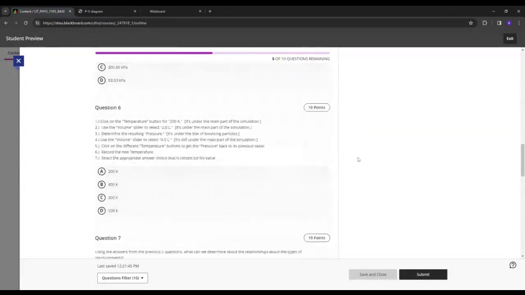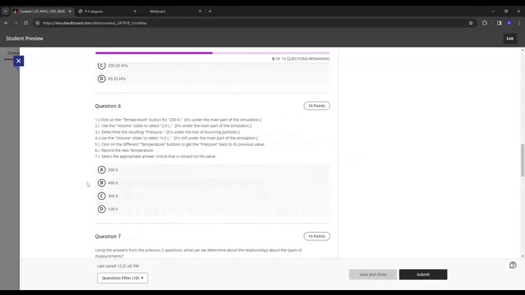Okay, so now question 6 has us do something kind of interesting, right? It's not an option really with this setup to keep a constant pressure, but what we can do is change a value, and then we can change some other things to put the pressure back to what it used to be. So that's our sort of workaround for that.